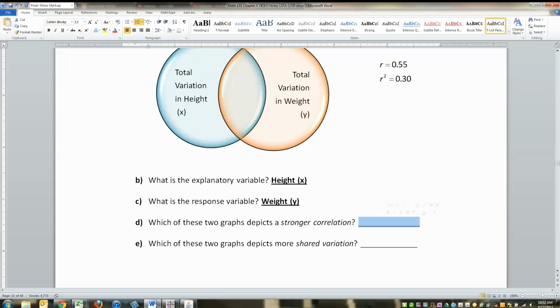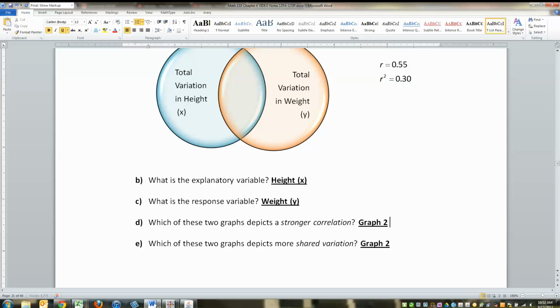Which of these two graphs depicts a stronger correlation? Well, there's no question about it. It's graph 2. There's a larger overlap in graph 2, and R squared and R are higher values in graph 2. So graph 2 depicts more shared variation, which means a stronger correlation.